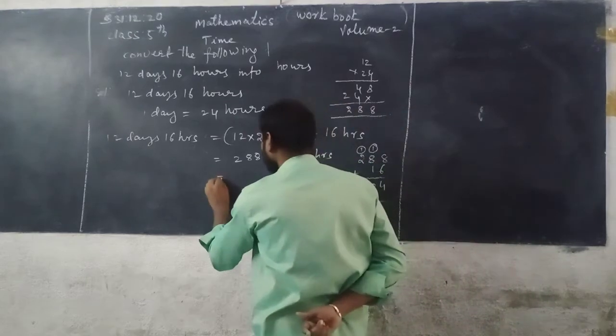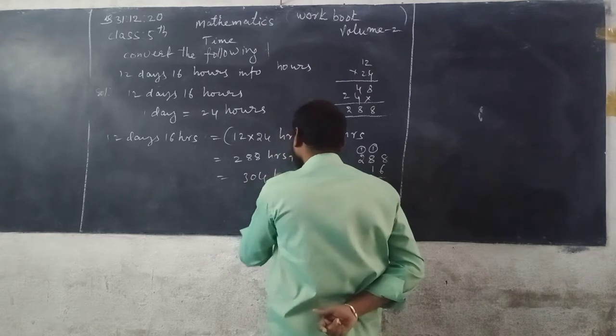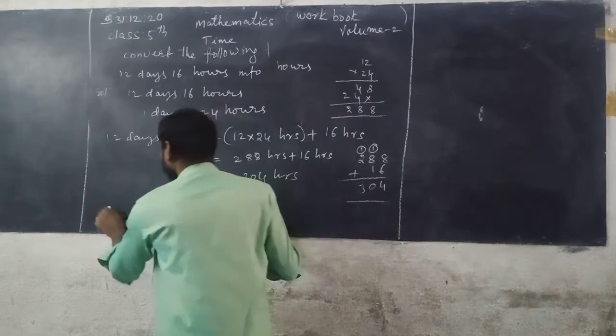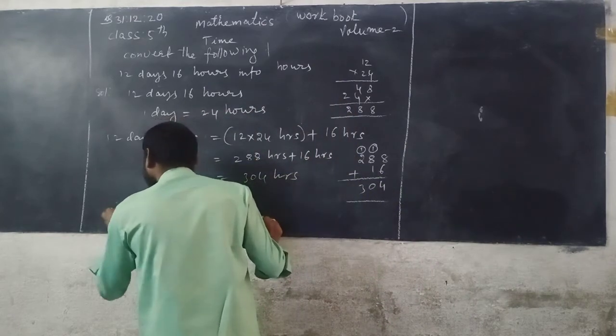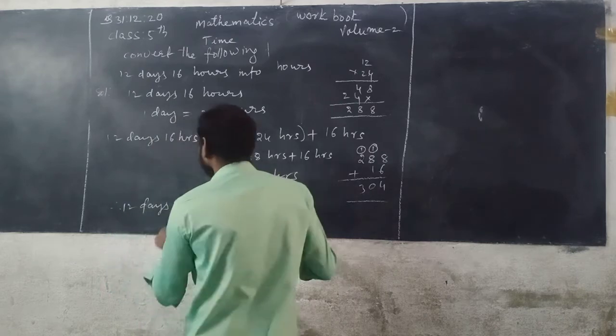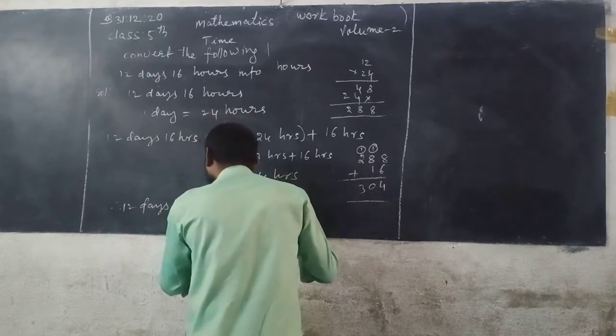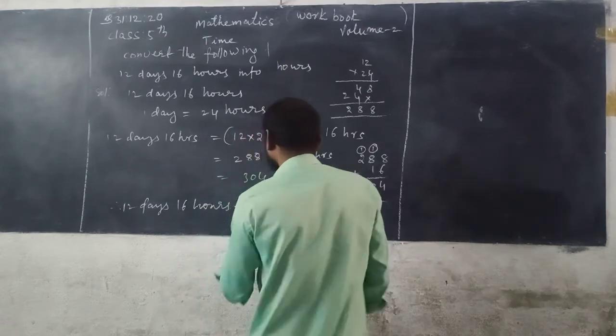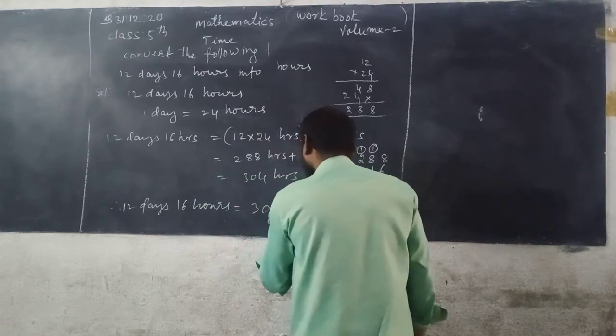Then you can write 304 hours. Therefore 12 days, 16 hours is equal to 304 hours.